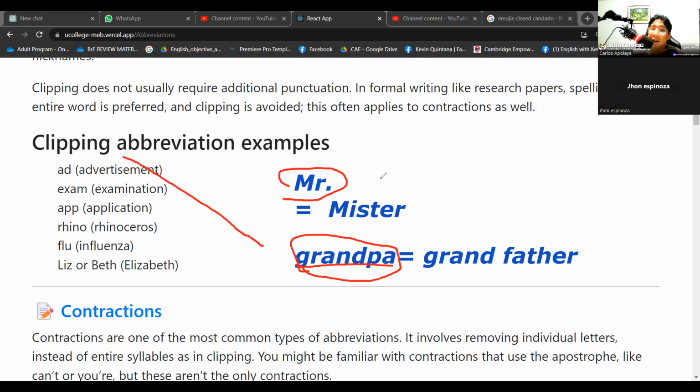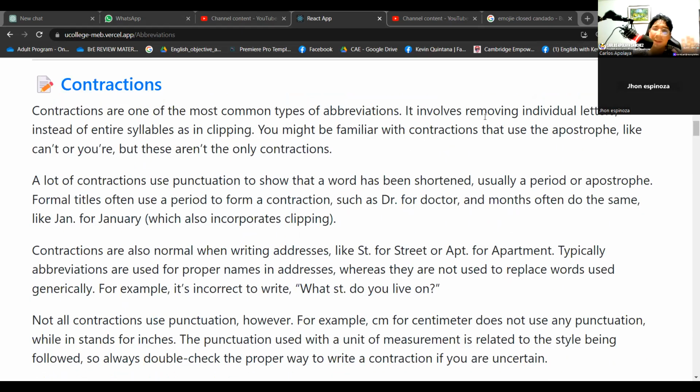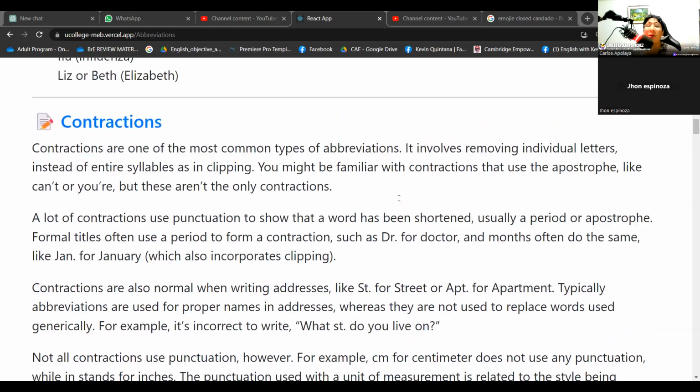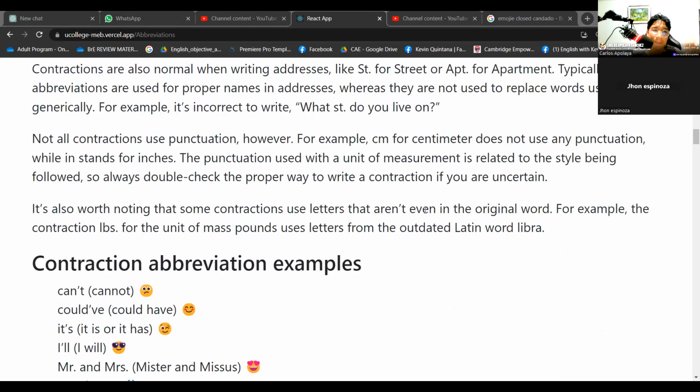But this is contraction, you see? Contractions are one of the most common types of abbreviations. So remember that you use contractions, I mean, the period and the letters, when you write, but when you speak, you don't do this.